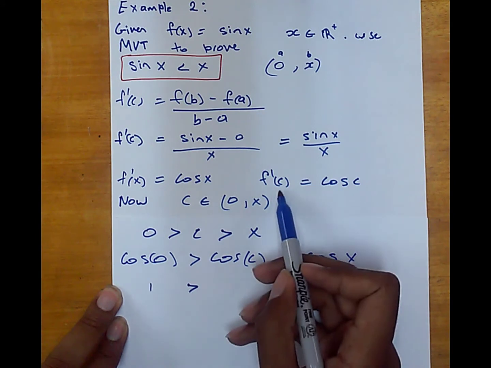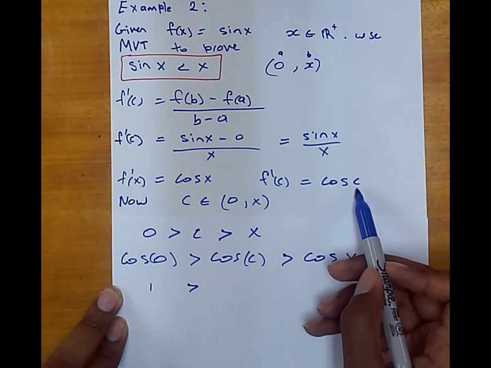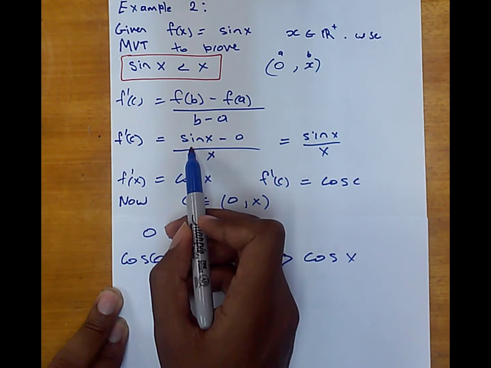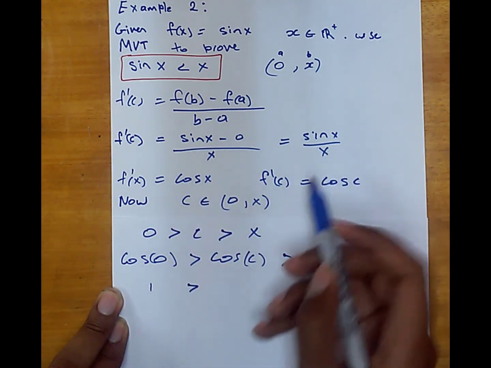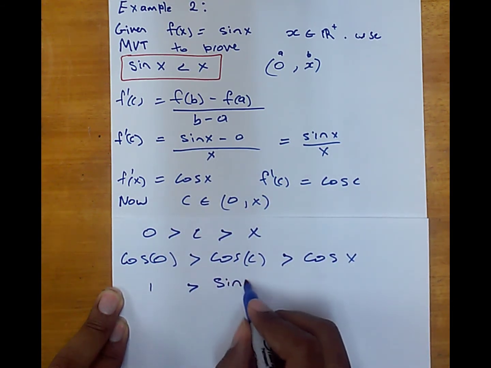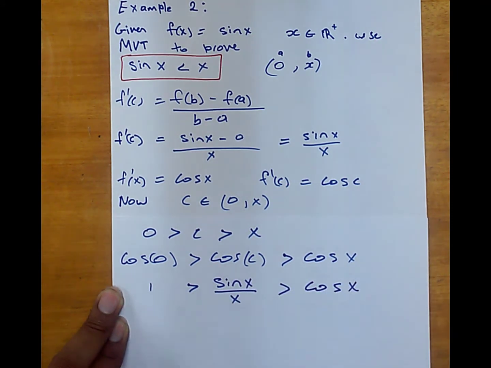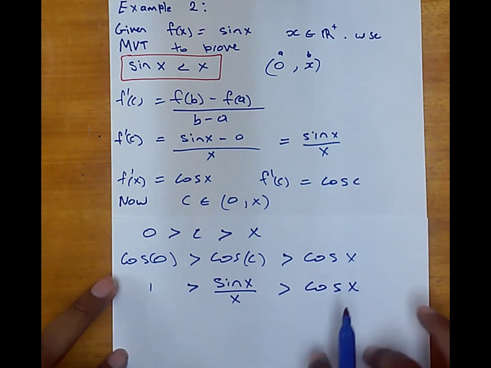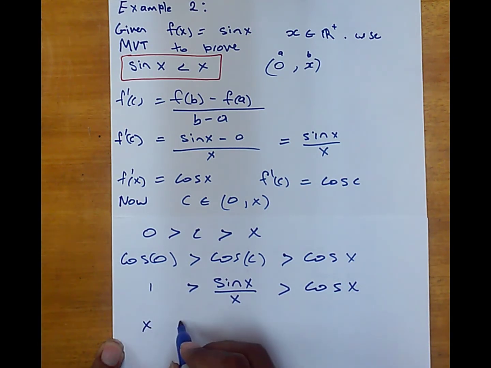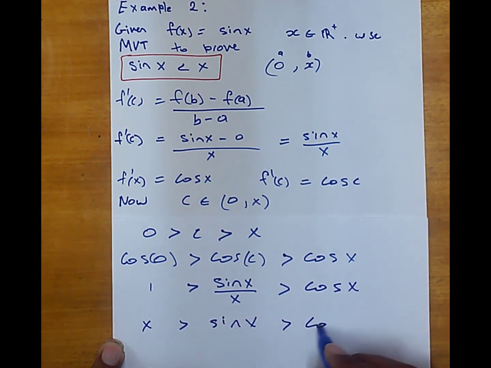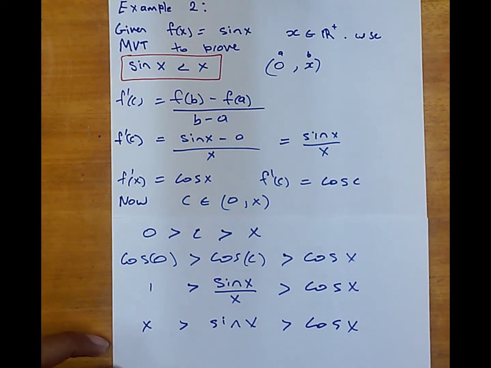Our f prime of c is equal to cos c, which is the same thing as sine x over x. So we can just write 1 is greater than sine x over x is greater than cos x. And multiplying through by x, we have x is greater than sine x is greater than x cos x.